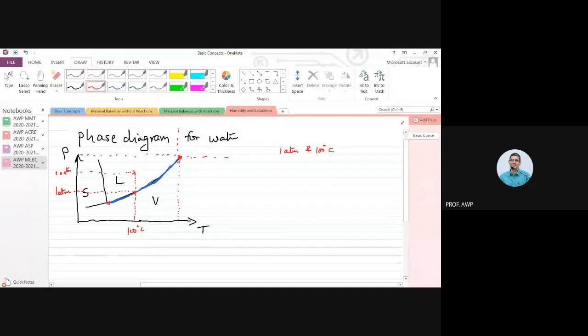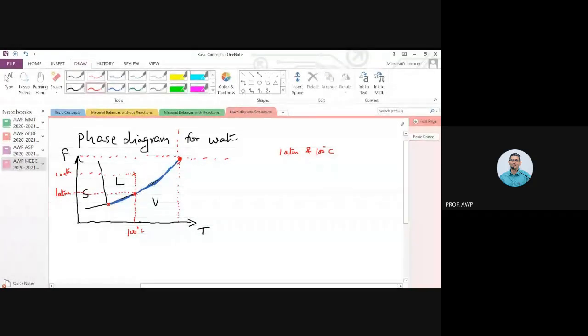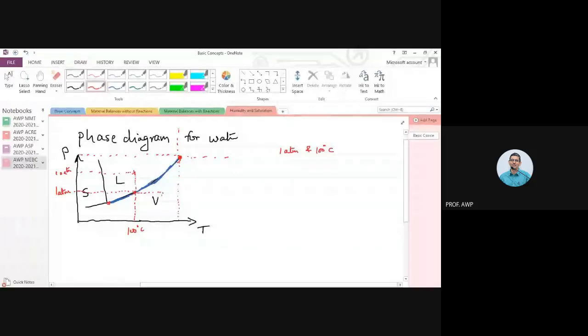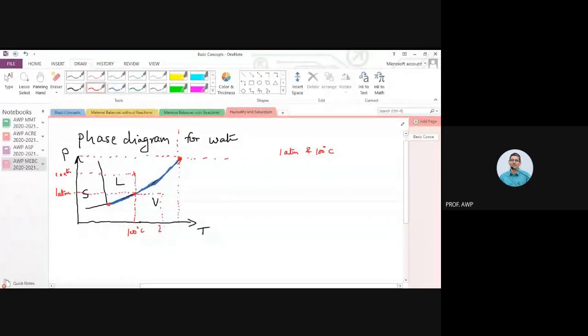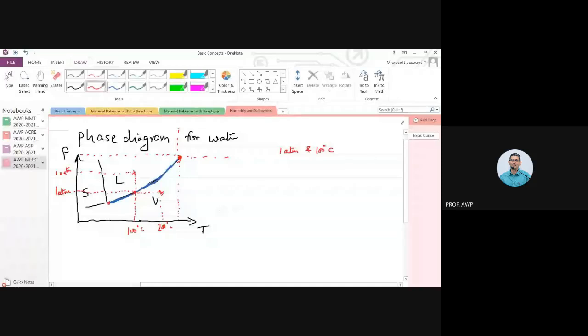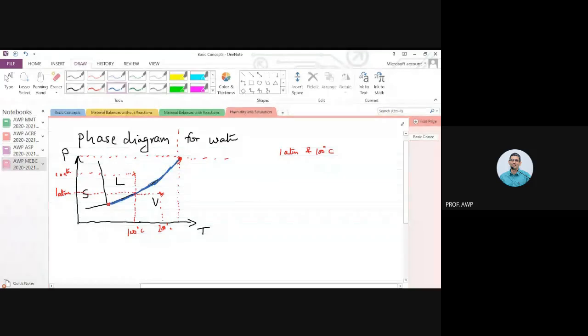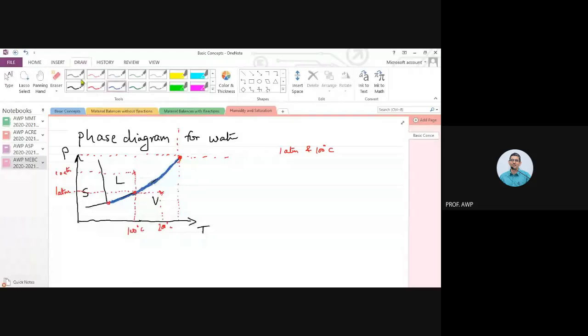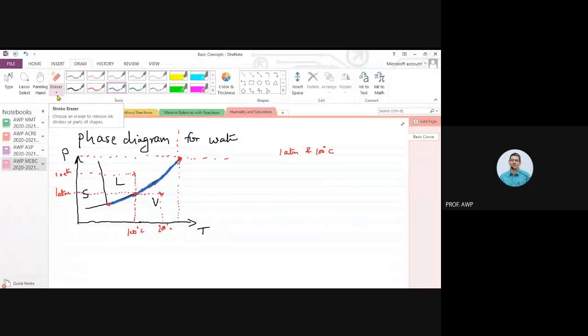Whereas if I keep the pressure at 1 atmosphere and increase temperature to, let's say, 200 degrees centigrade, water will exist in the vapor state. Anywhere along this blue line, liquid and vapor are in coexistence and can exist in equilibrium with each other.